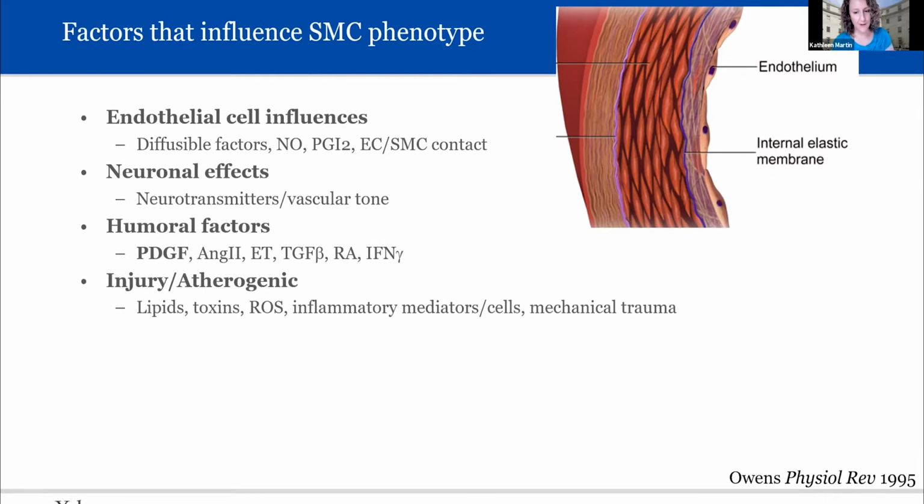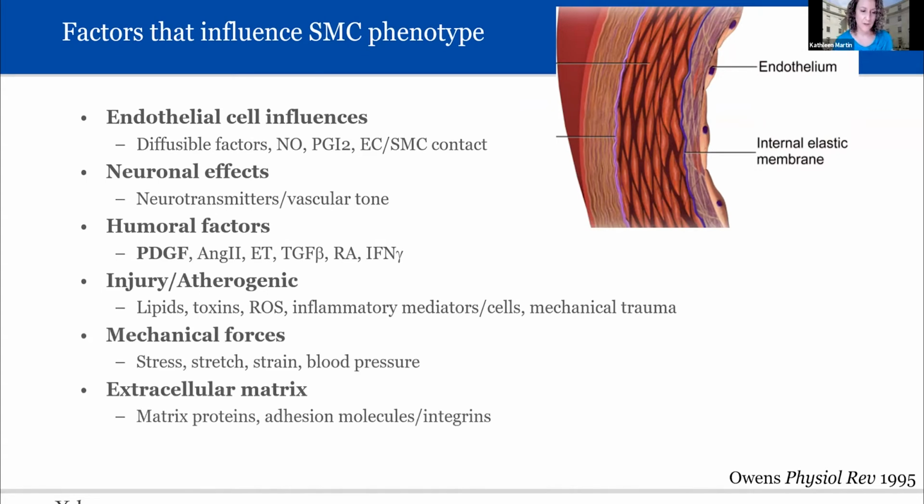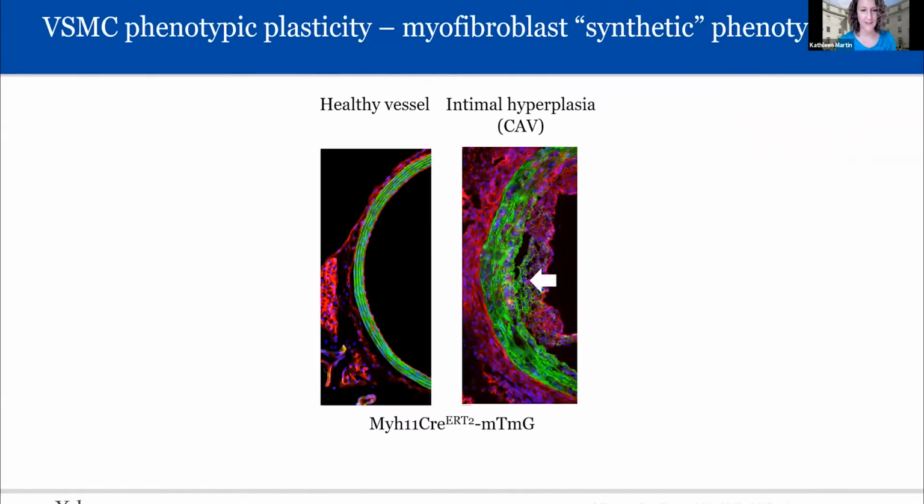There are also other injuries, such as from excessive lipids, toxins, reactive oxygen, and inflammatory mediators that drive atherosclerosis and other lesions. Mechanical forces and extracellular matrix contacts have very strong effects on smooth muscle phenotype, and we'll talk a little bit about this at the end.